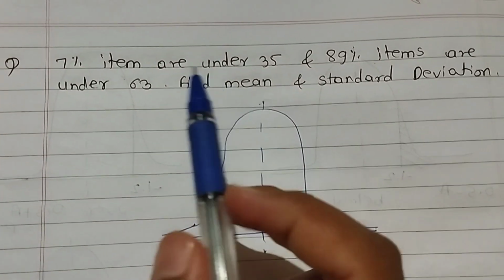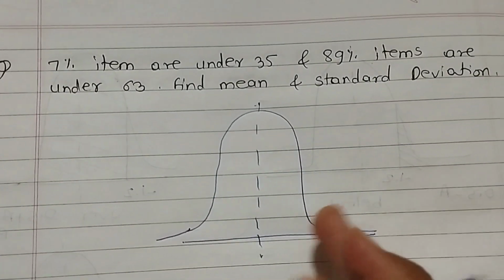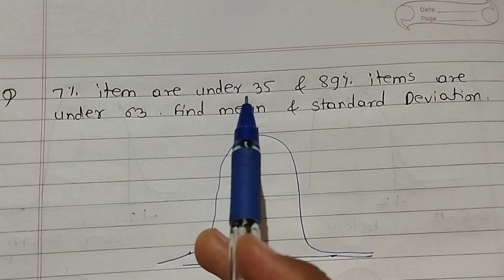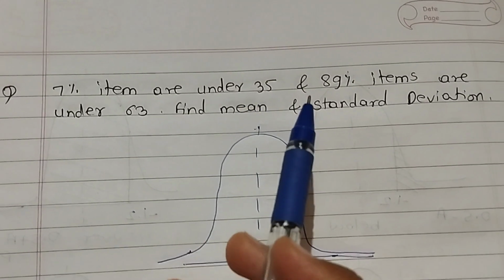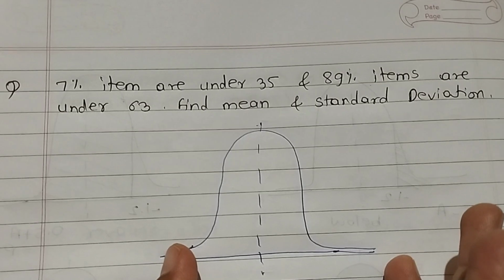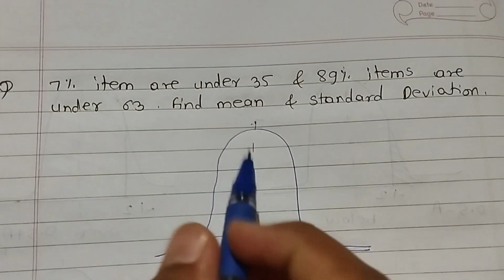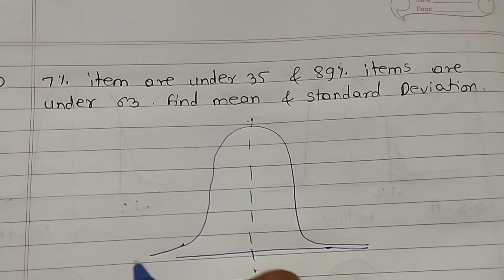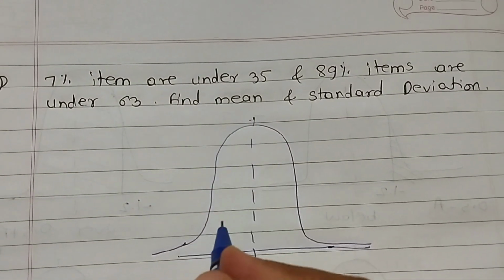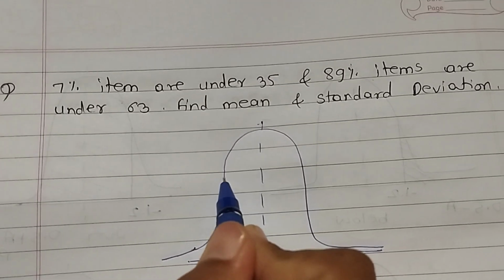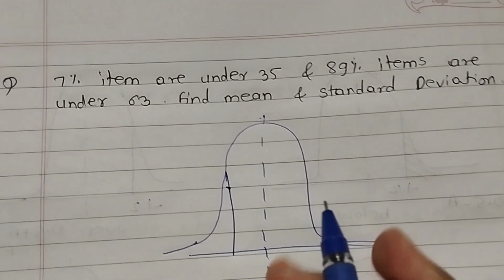Now let's suppose this is the 100% of the curve, and if this type of question is given in percentage, then suppose the given portion is 100% and the 35 starts from here, 0 to 100. So the 35 we draw at the left side. So let's suppose this portion is 35.